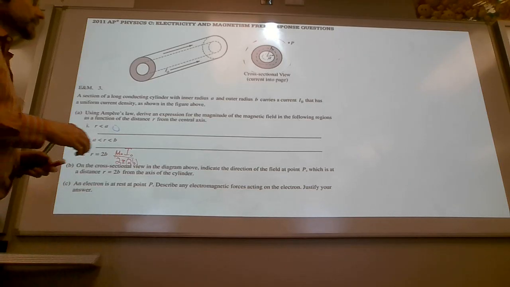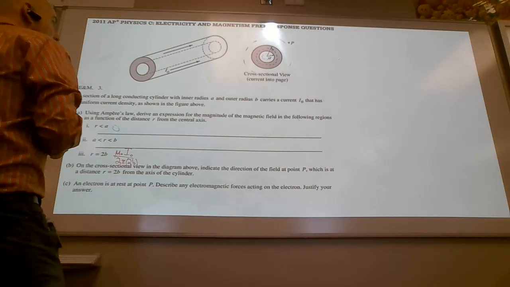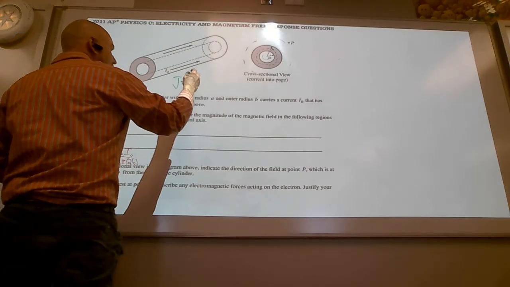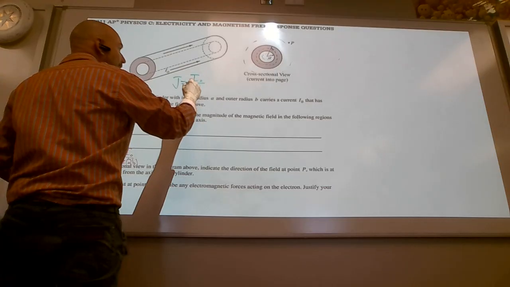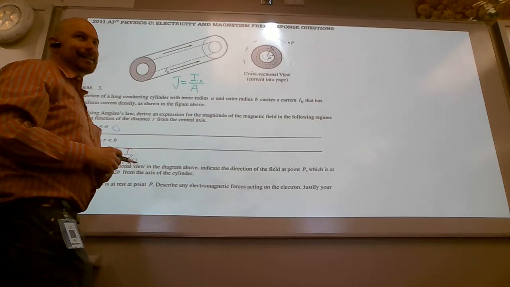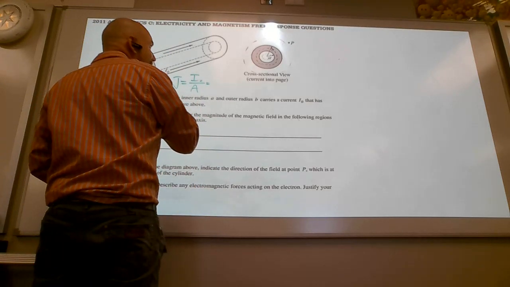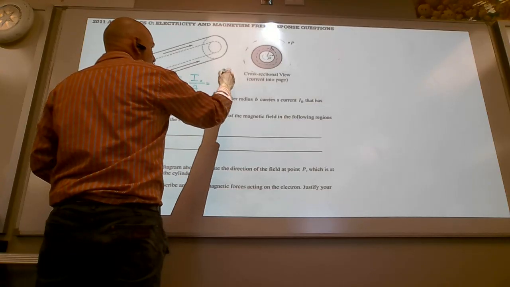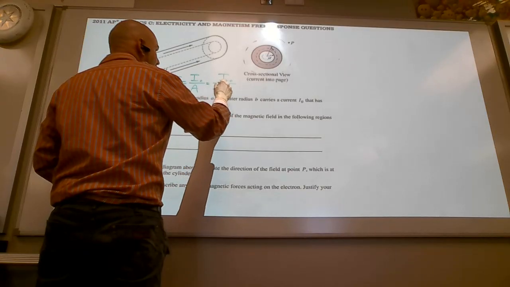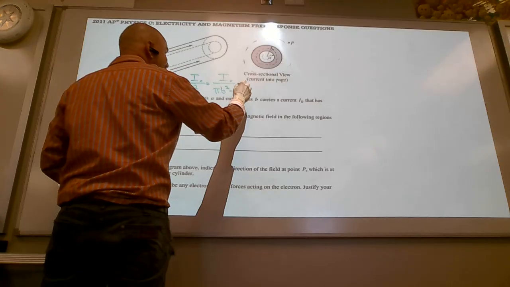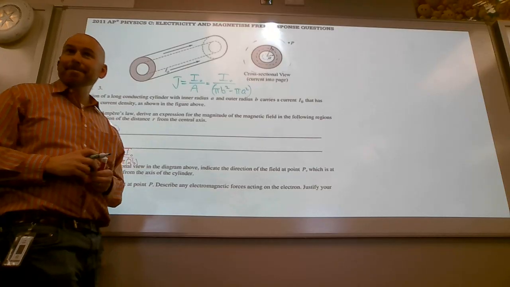Okay. That's for everything. We know that's a known current. So for the in-between region, we know it has a uniform current density, so that is current over the area. You could do pi b squared minus pi a squared. Good with that?